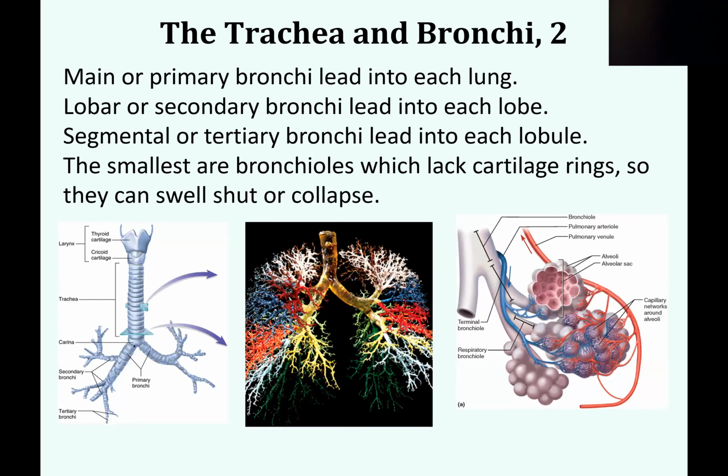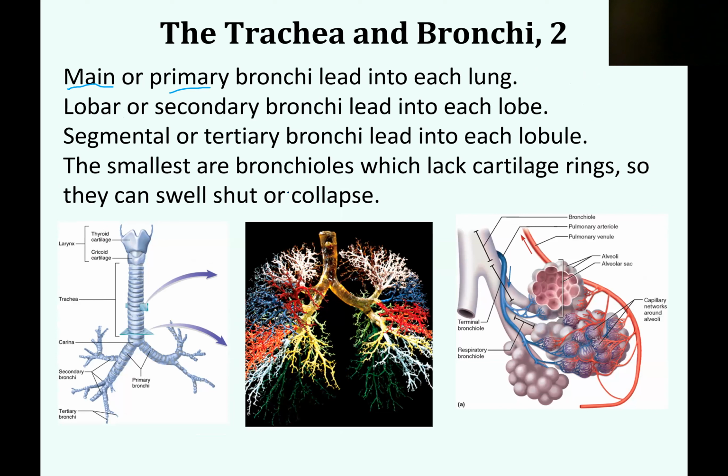Okay, so you have two names, and that's because the models and the textbook don't always agree. But main is the same thing as primary bronchi. There's one for each lung.